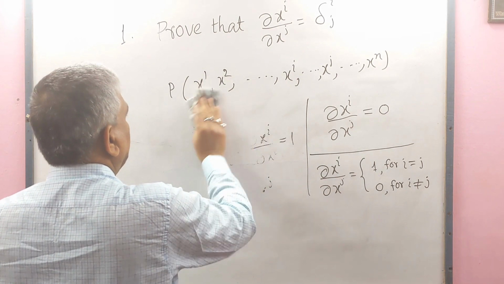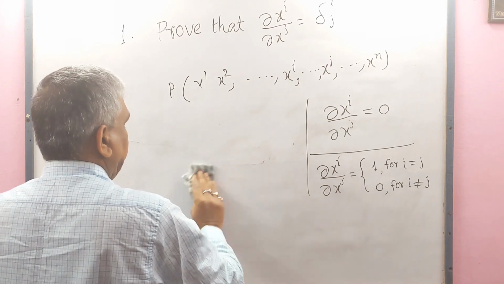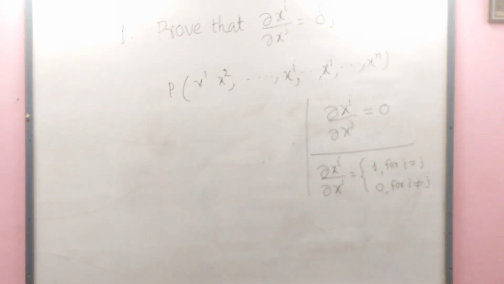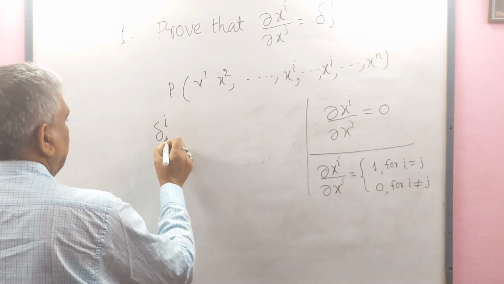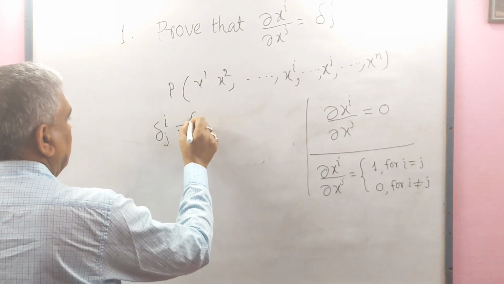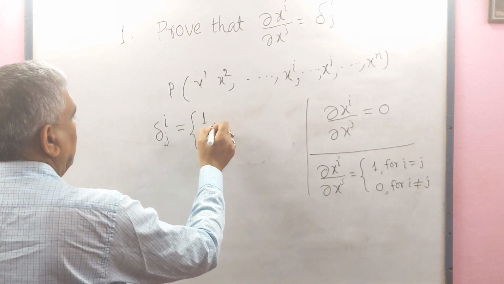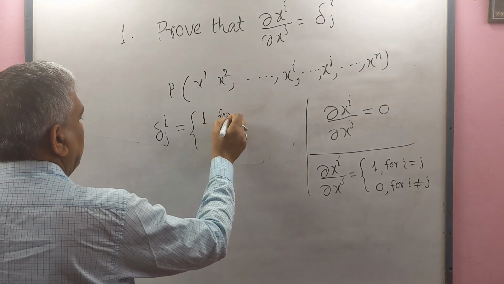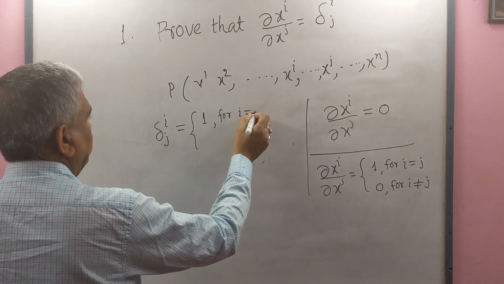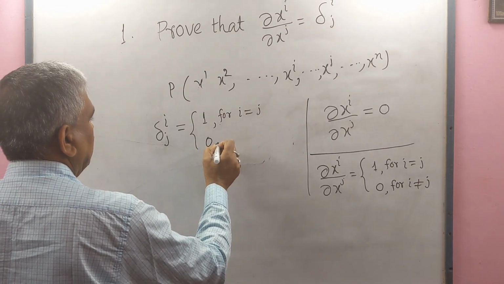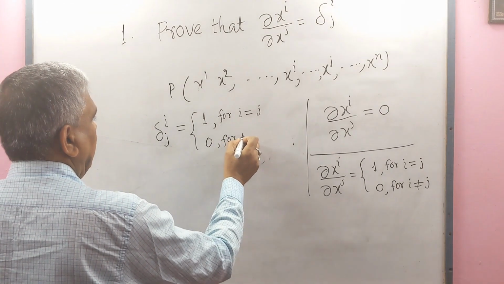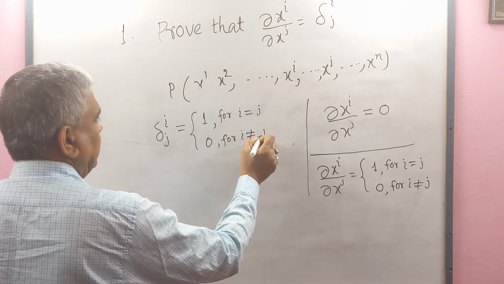Again, we know that Kronecker delta ij equals 1 for i equal to j and equals 0 for i not equal to j.